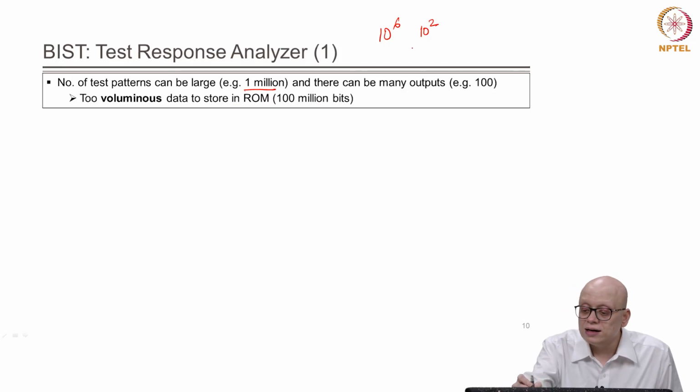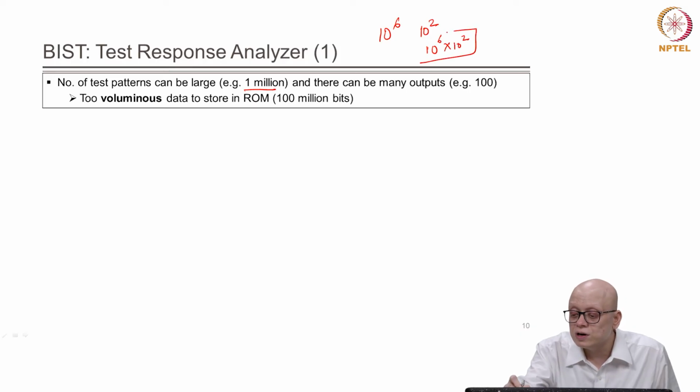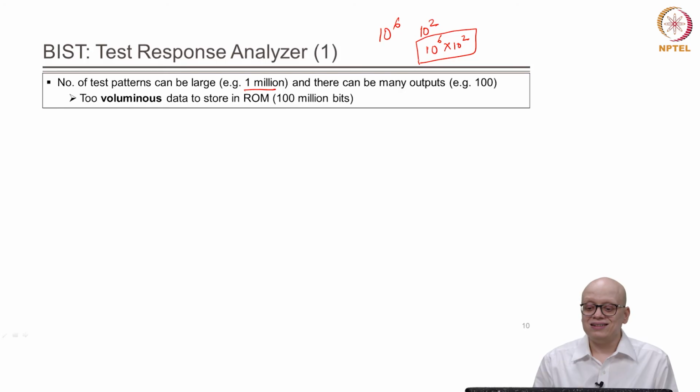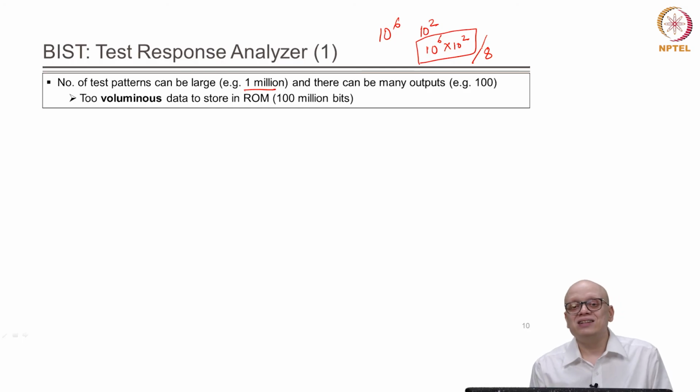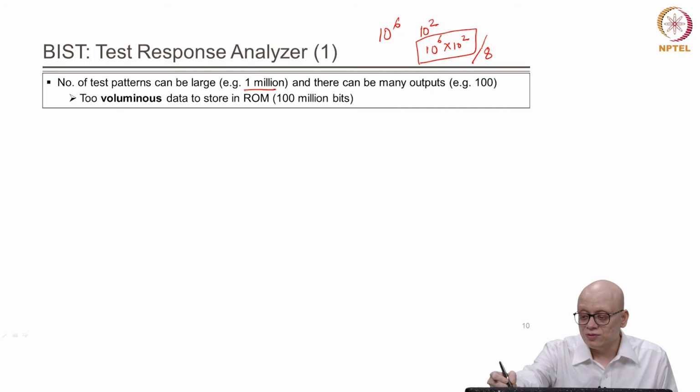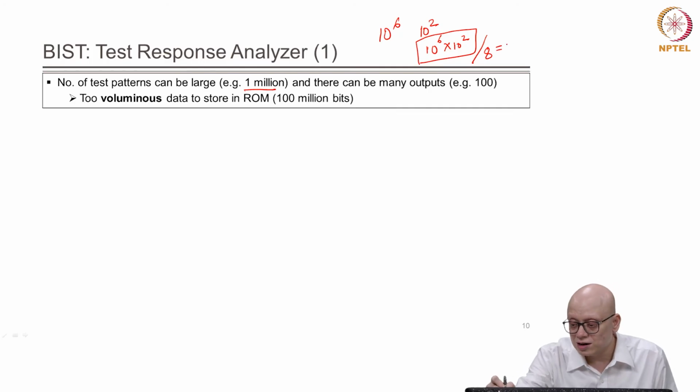We will require 10 to the power 6 into 10 to the power 2 bits, and if divided by 8, we get the number of bytes that we need to store. This will be around 12.5 megabytes of memory.